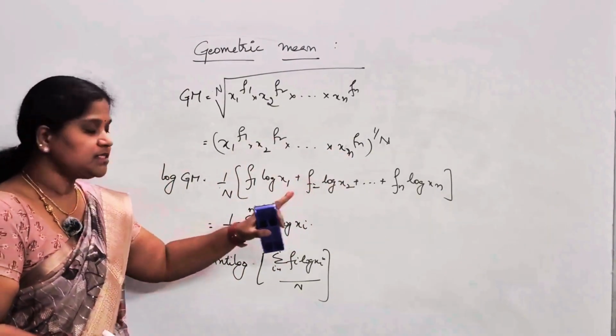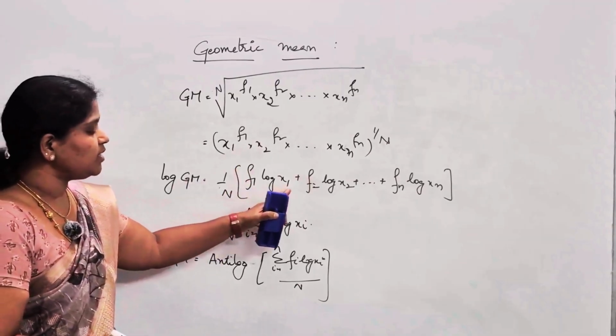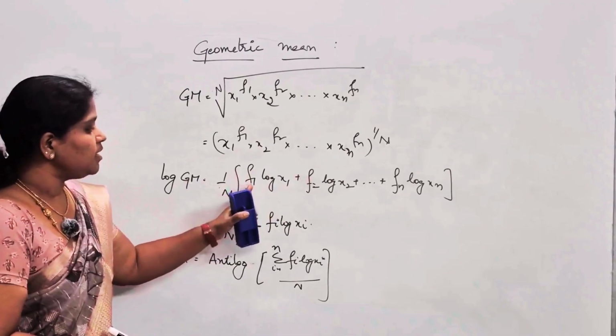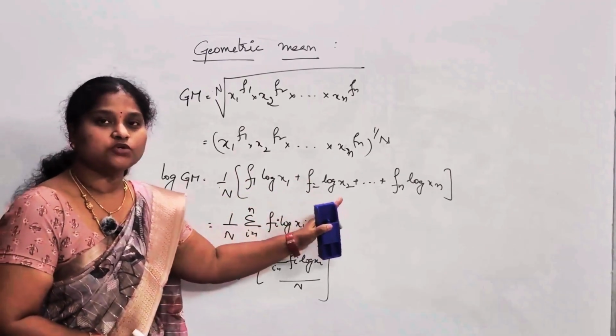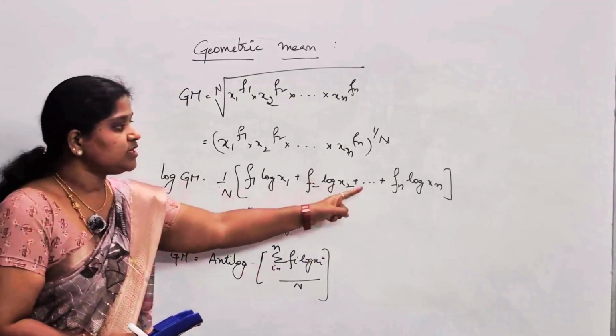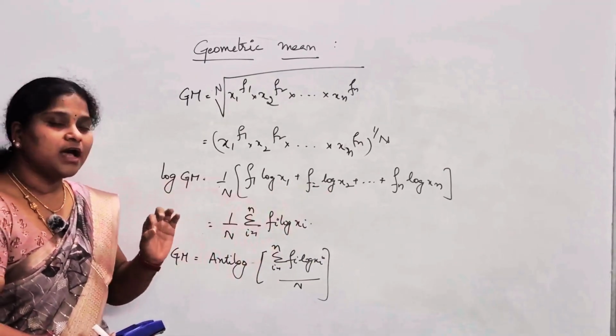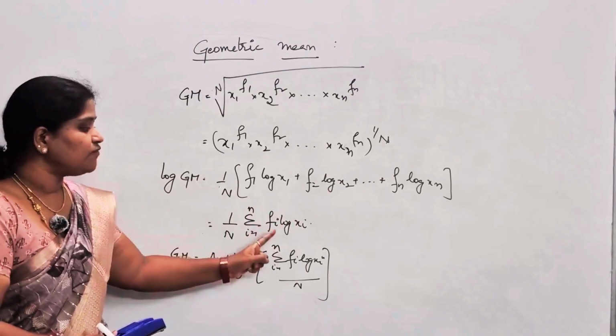Applying logs on both sides, log geometric mean is equal to 1 by n times (f1 log x1 plus f2 log x2 plus so on plus fn log xn), but addition represents sigma. So we take 1 by capital N, sigma i runs from 1 to small n, fi log xi.